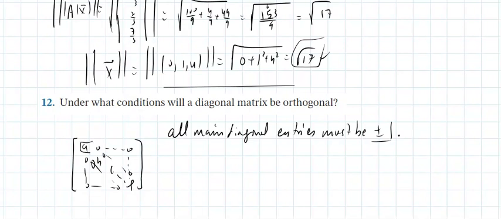If A is not 1 or negative 1, then the magnitude of that row or that column is no longer 1, and therefore it can't be orthogonal. So you want all the main diagonal entries to be 1 or negative 1. And that's pretty much all we have to do for this section.